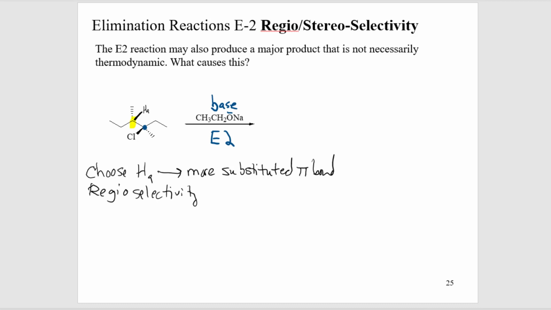I also need to consider stereoselectivity. Okay, notice that the HA is forward and the Cl is forward. They're both forward. I could do this two different ways. I could draw a Newman projection, or I could try rotating one of them so that the HA was in the back. So I need to rotate these.